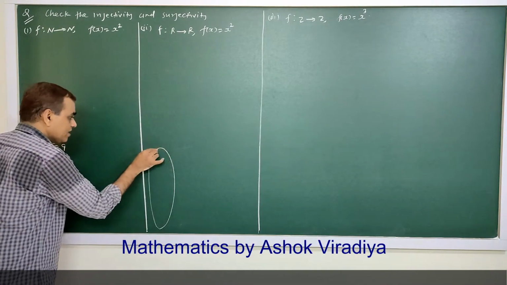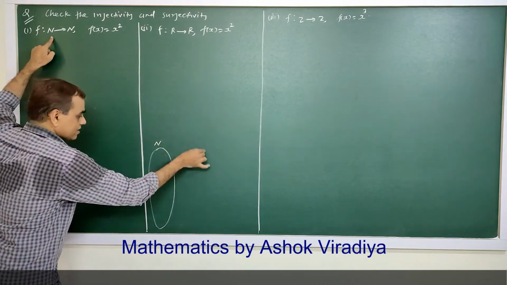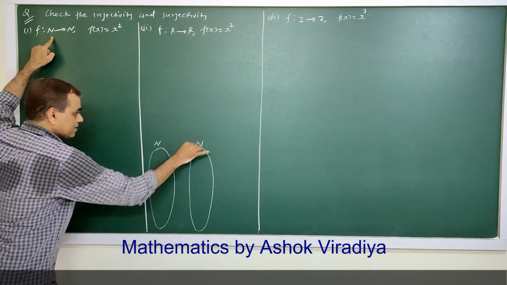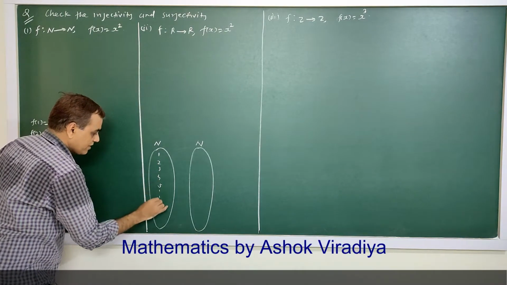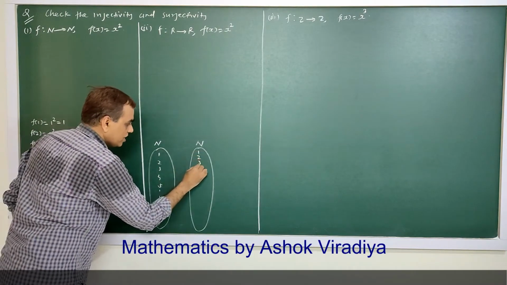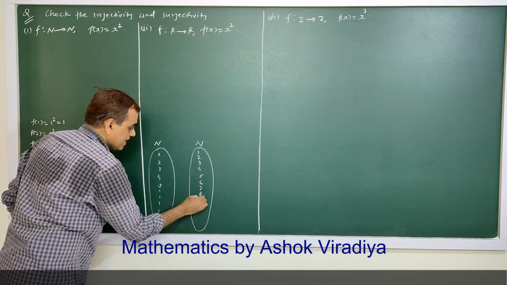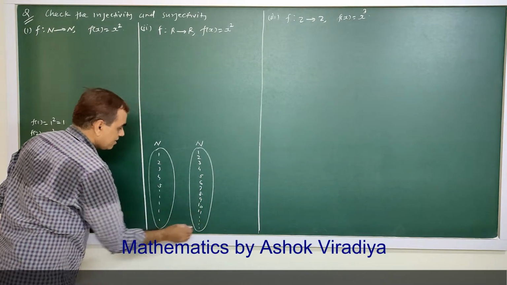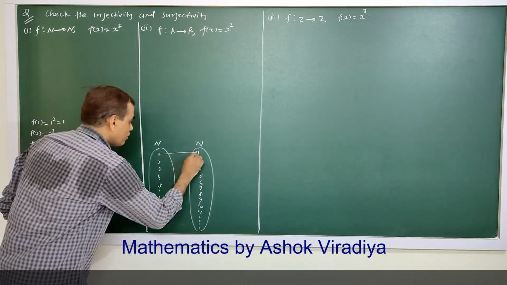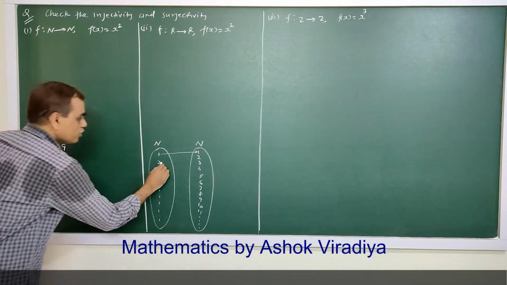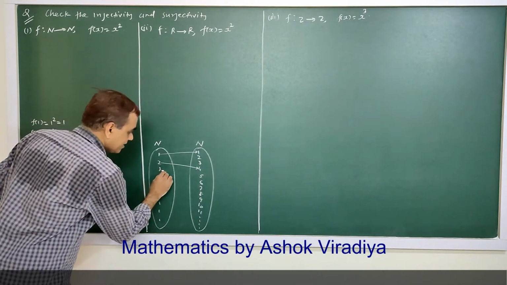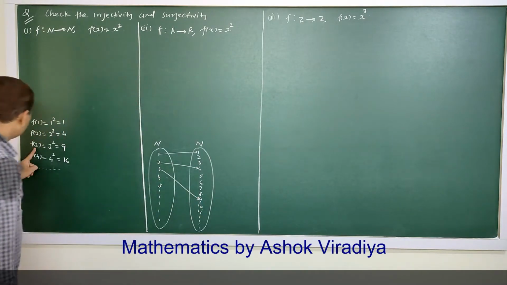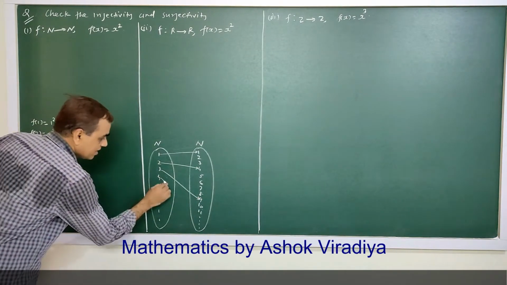Here the domain is N and the codomain is N, with 1, 2, 3, 4, 5 and so on. The image of 1 is 1, the image of 2 is 4, the image of 3 is 9, and the image of 4 is 16.